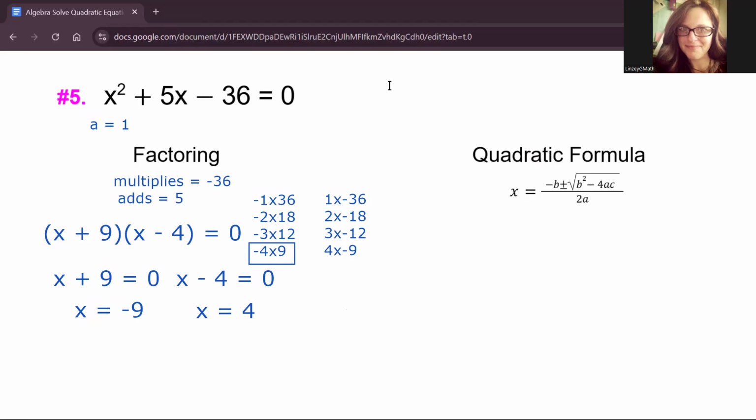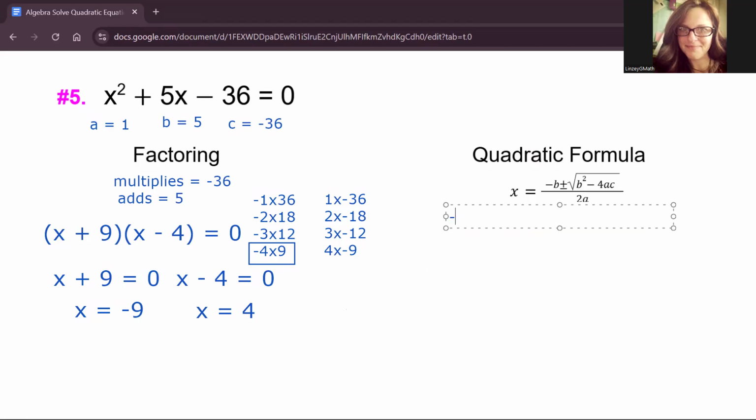And then let's use the quadratic formula to solve this one. A is 1, B is positive 5, and C is negative 36. And we'll substitute.